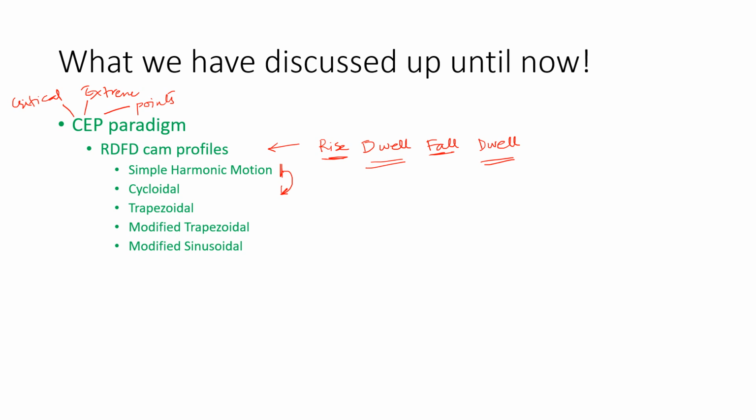So that was corresponding to the cycloidal paradigm. And then we explored the trapezoidal, in which the modified trapezoidal was also explored. And then we moved on to the modified sinusoid. So you can see that we have gradually gone through this process of improvement where in stepwise fashion we have sought certain attributes to be improved.